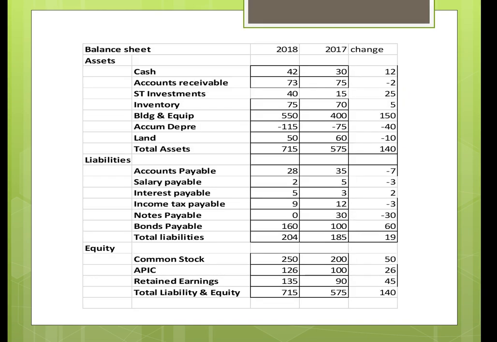So here's our example. First, we need again a balance sheet for 2 years, and the first thing we want to do is take a look at the changes in the accounts. That's what I always like to do, and I want to see, did they go up or did they go down?